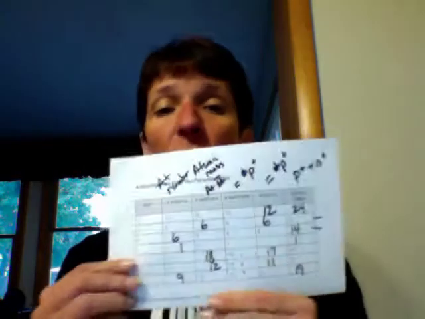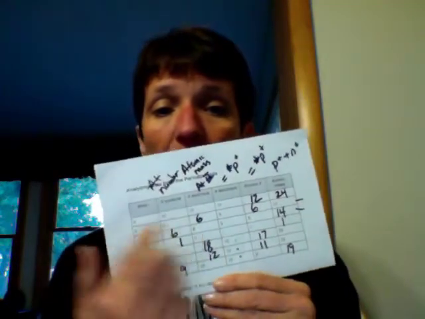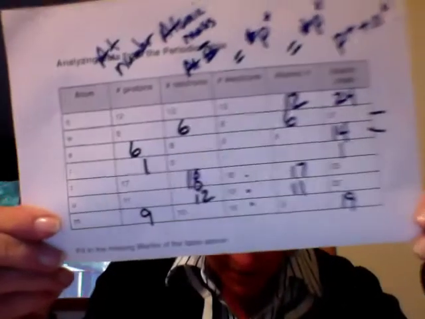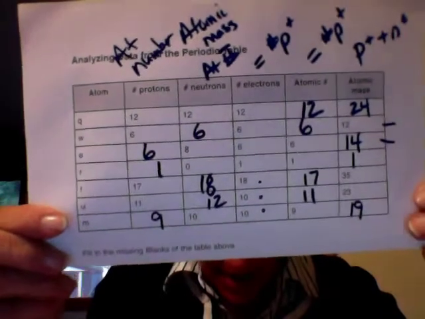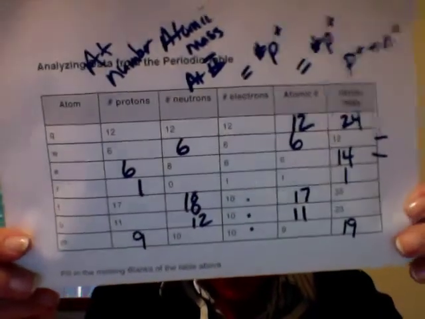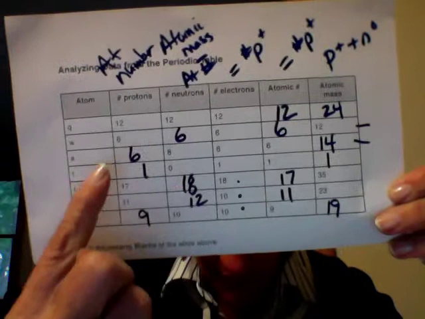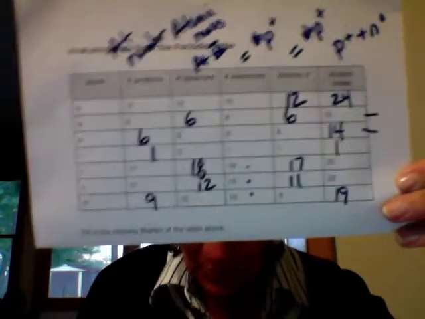So atom Q is right along the top there. And the interesting thing about atom Q is that we have the first three items filled in. We have a 12, 12, 12, and then we have a blank atomic number and a blank atomic mass. We already said the atomic number must be equal to the number of protons.